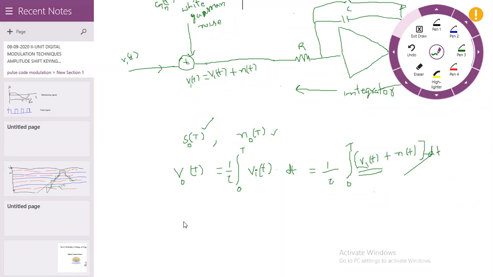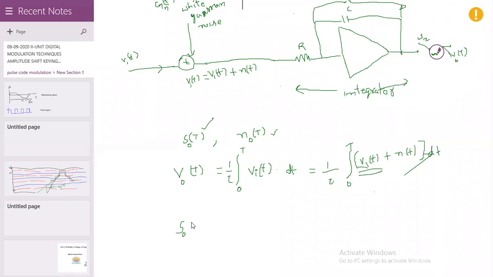So S naught of t equals 1 by tau, integral 0 to T, V1 of t into dt. What is the magnitude of that V1 of t? That is V, and the bit duration is T.